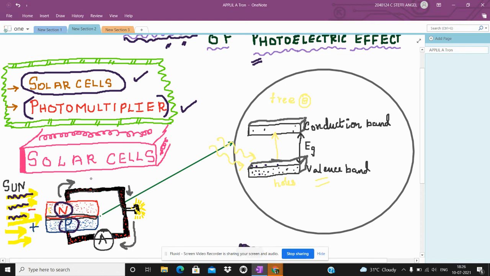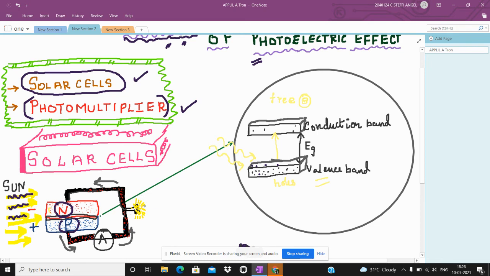Since this is the movement of electrons, the arrow should be in the opposite way. So I will erase the arrow and draw it this way, because the flow of current is opposite to the motion of electrons.